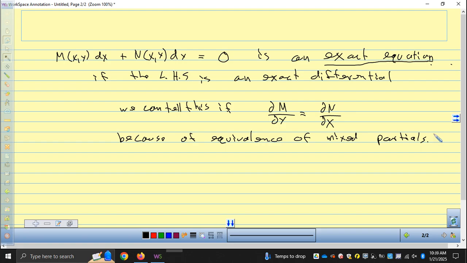So we solve this differential equation exactly the same way we found a potential function for a conservative field. We integrate our component functions. We integrate M with respect to x. We integrate N with respect to y and adjust the constants so that we get the same thing.